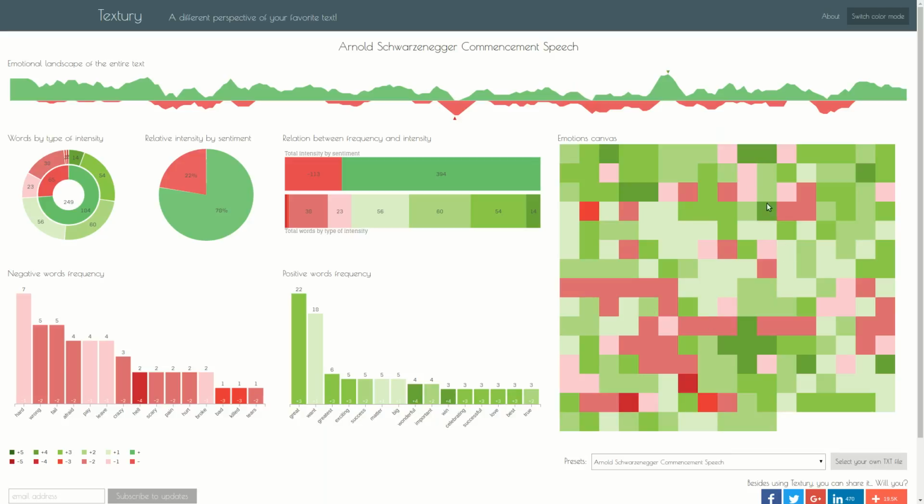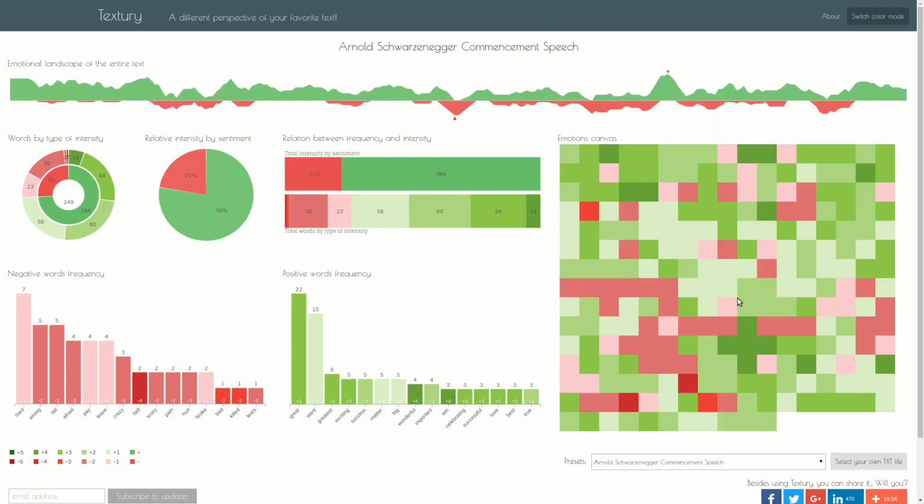And here we have the emotions canvas, which represents all the emotional words that are used, with their corresponding colors. We have this first line, and as a continuation goes the second line, and on mouse over you can see what that word is.